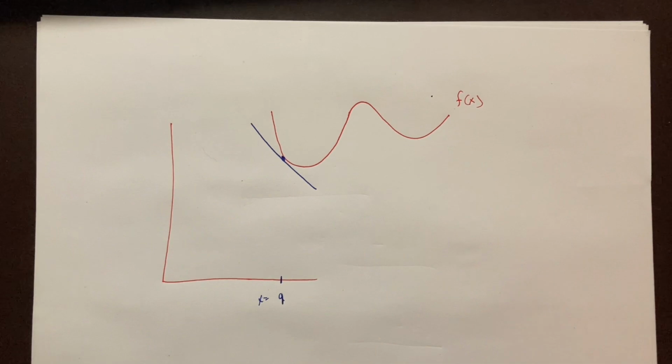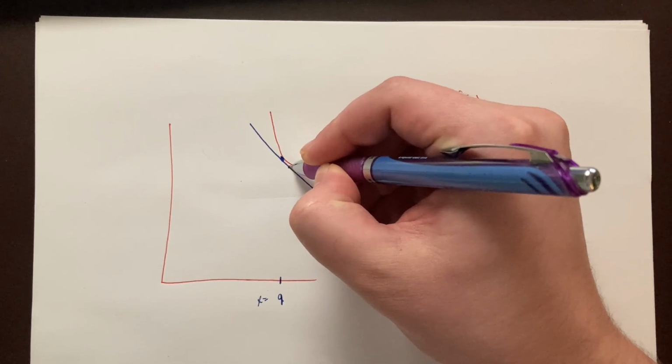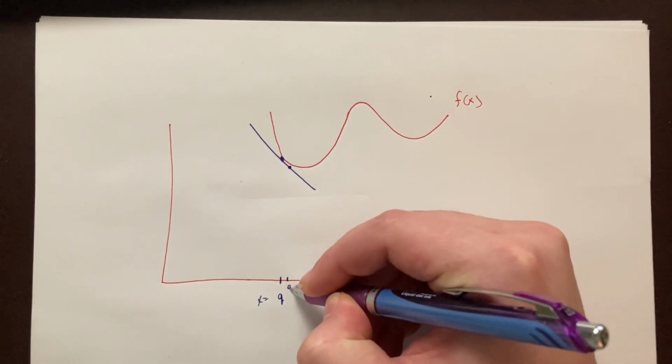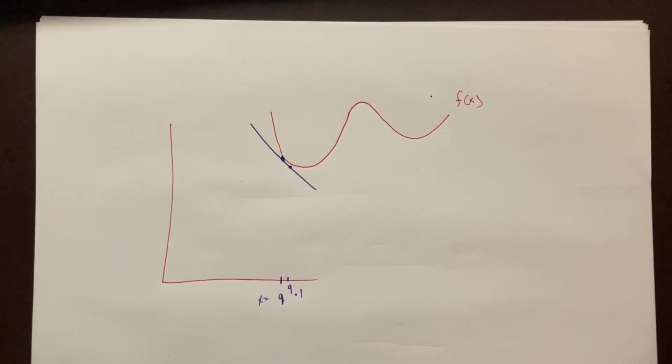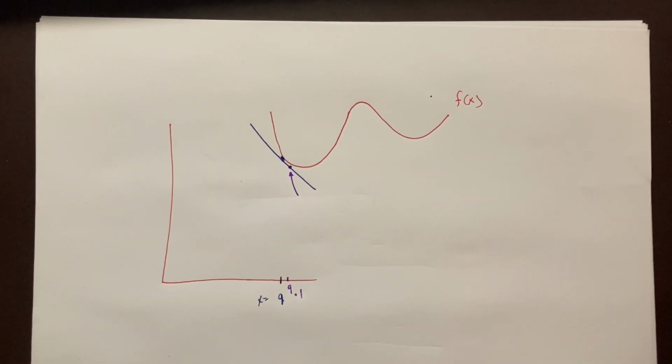When we are using local linearity, which is estimate the value of f of 9.1 using the line tangent to the curve, what we're really doing is finding this little dot that I just found here.